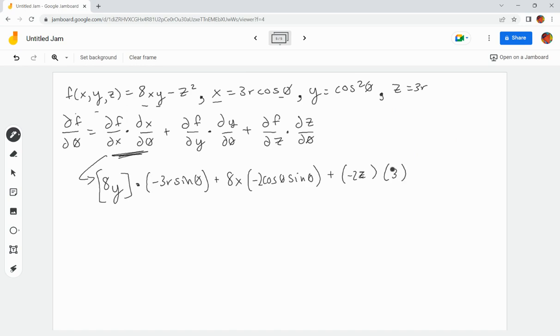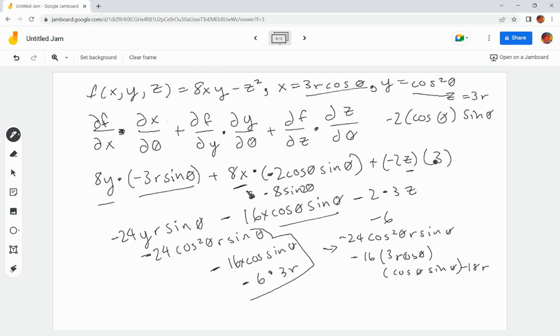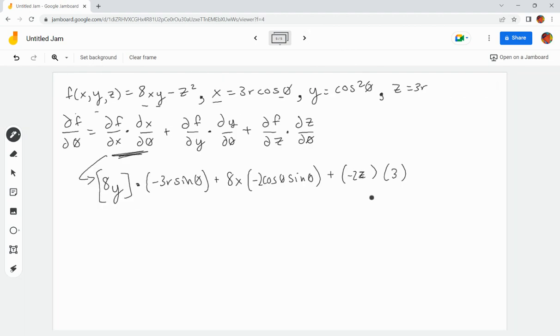Multiply by 3. Here's a mistake, and then a mistake on that. So here's the 2, that 3 that I need to change.